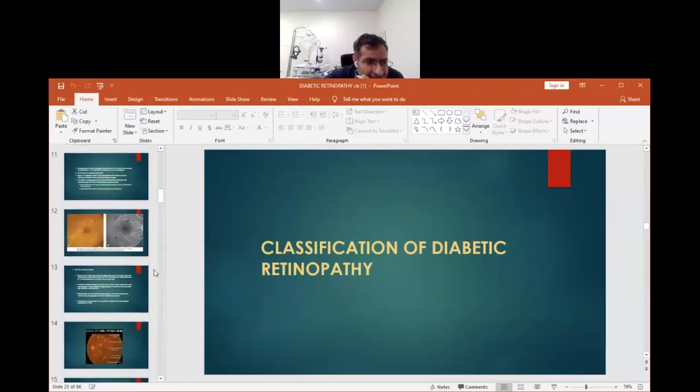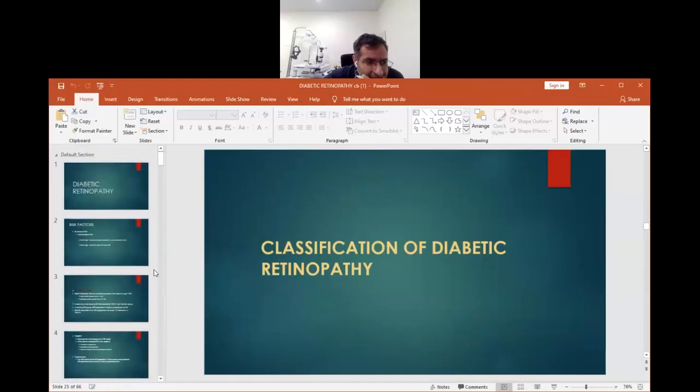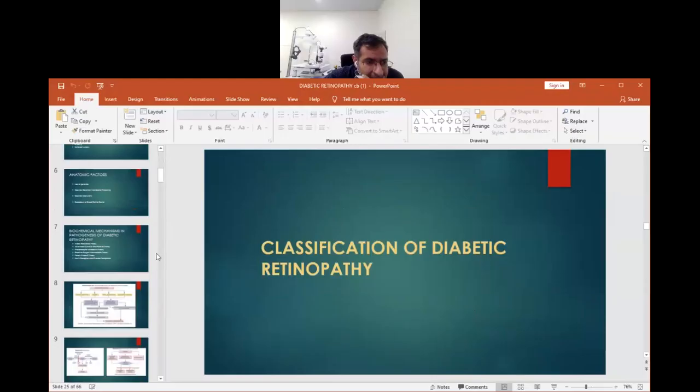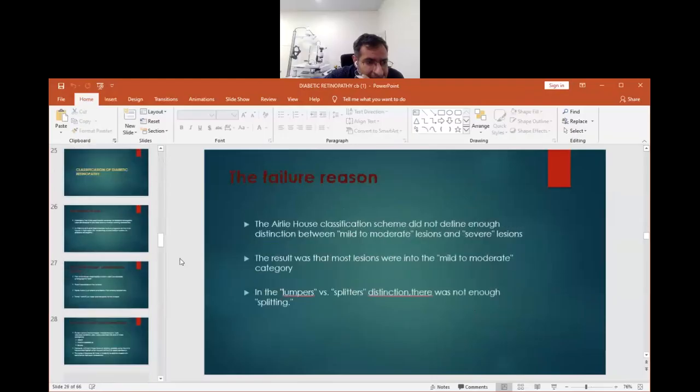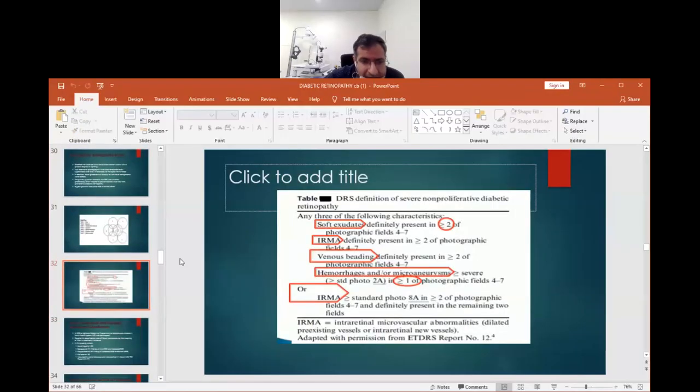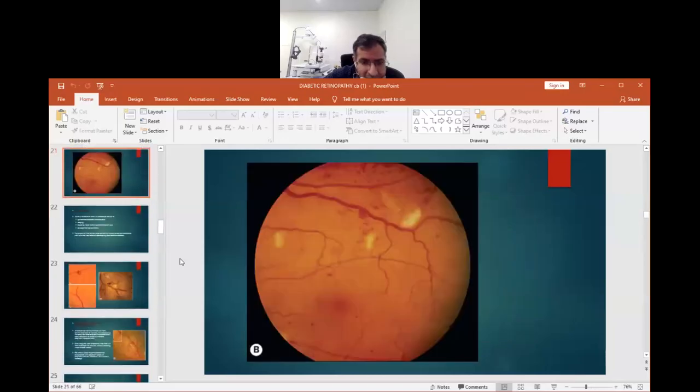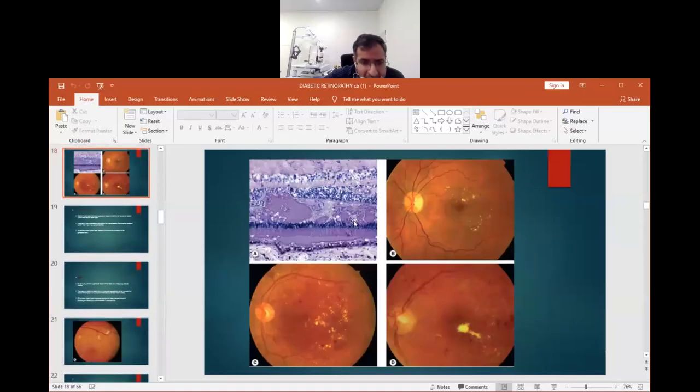Classification we will take next time. Let me show that histology slide once more, sir. Yes, this one. The blue dots are the cellular layer. The outer layer is a very densely packed blue layer, which is the photoreceptor cell nuclei, called the outer nuclear layer.